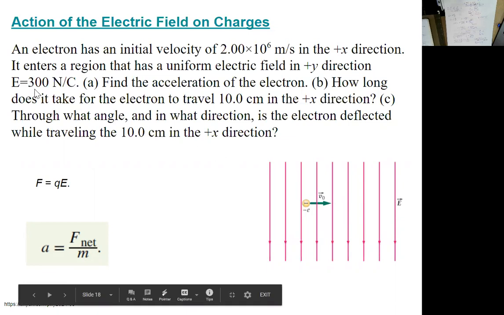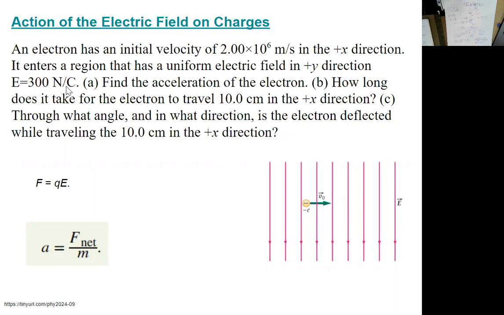The E field is given as 300 newtons per coulomb. It's asking you to find the acceleration of the electron, and then how long does it take for the electron to travel 10 centimeters in the x direction, and through what angle and in what direction is the electron deflected while traveling 10 centimeters in the x direction?